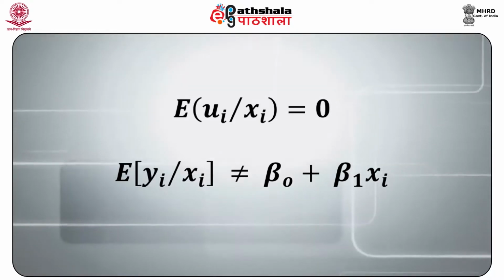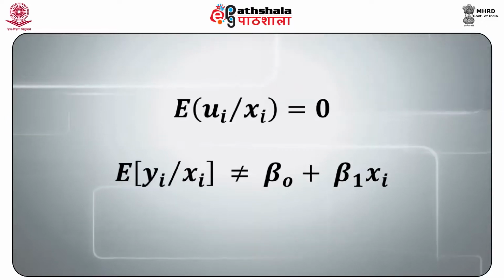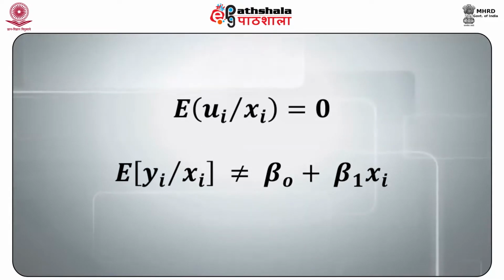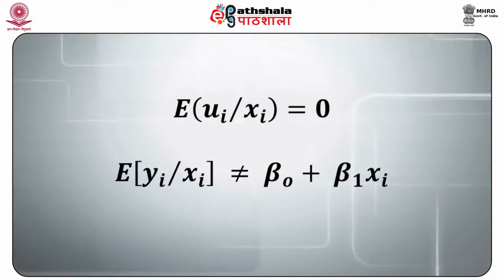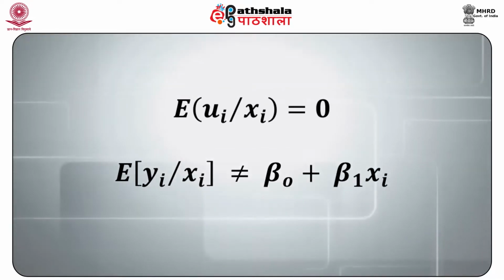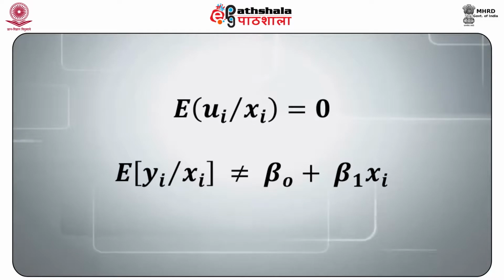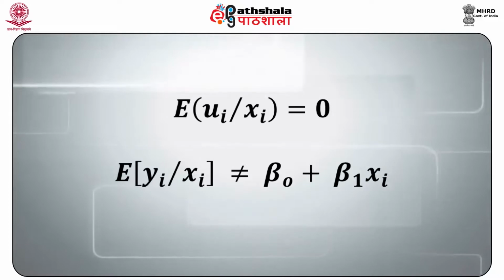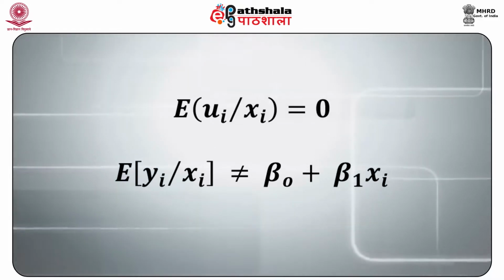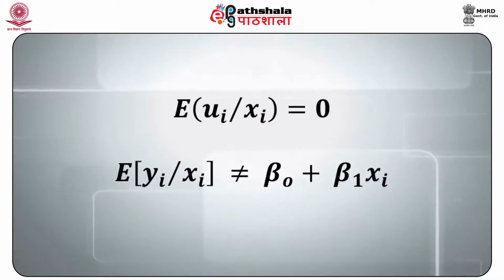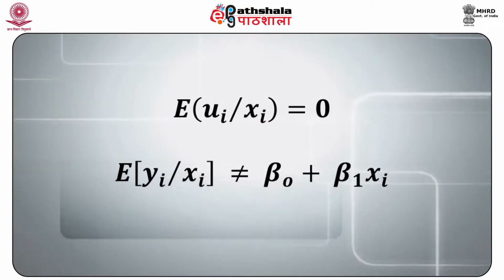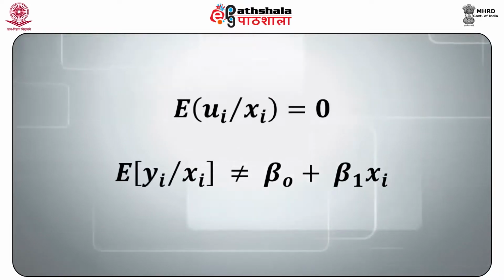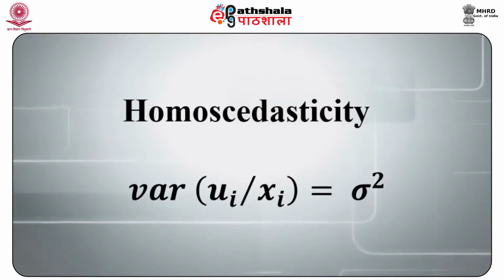Now, if this assumption is violated, then we can show and prove that expected value of yi given xi would not be equal to beta 0 plus beta 1 xi, which is certainly not desirable. This assumption also implies that information which is not captured by the explanatory variable or variables and falls into the error term is not related to the explanatory variables and hence does not systematically affect the dependent variable.